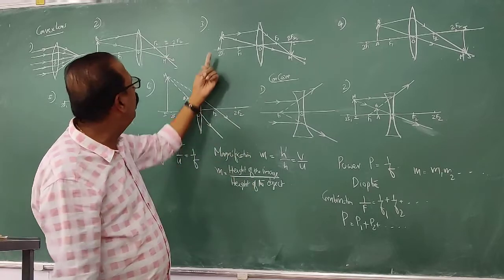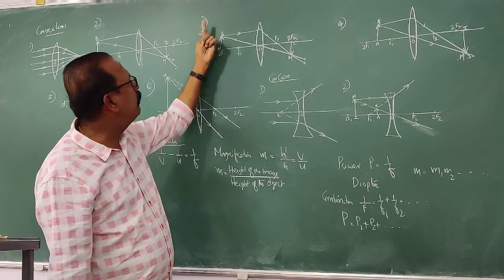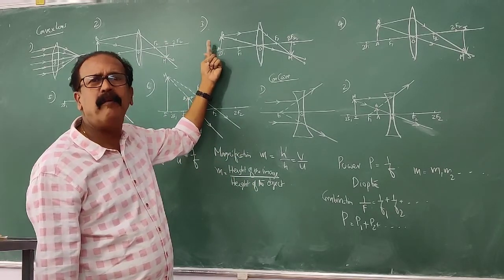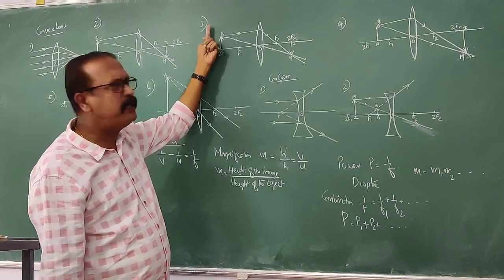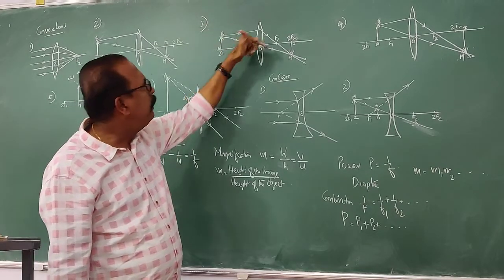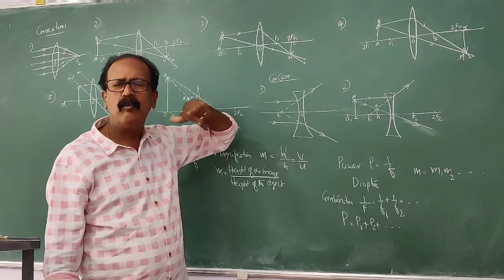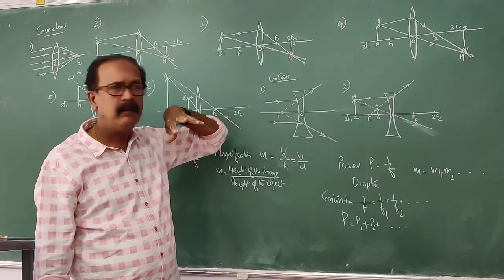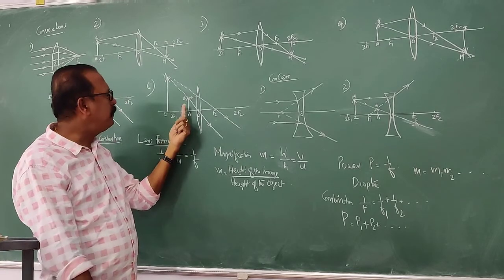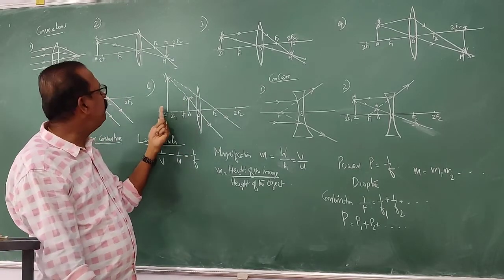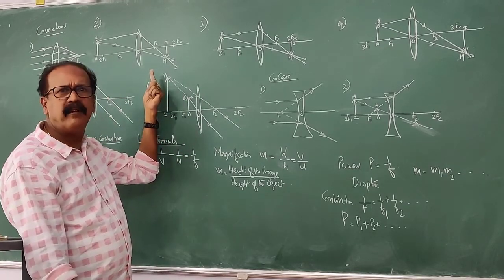What is the meaning of it? The size of the object here is along the positive y-axis, so it is positive. Here the image is downward, so its size is negative. What about here? Object size is positive, image size is also positive. See the difference.